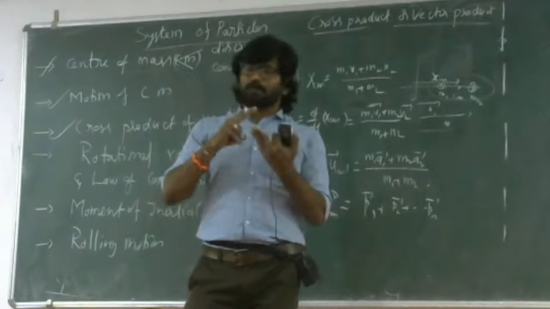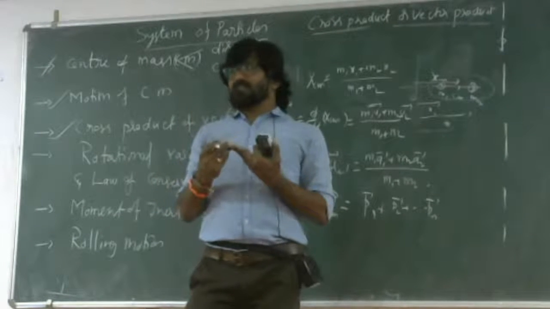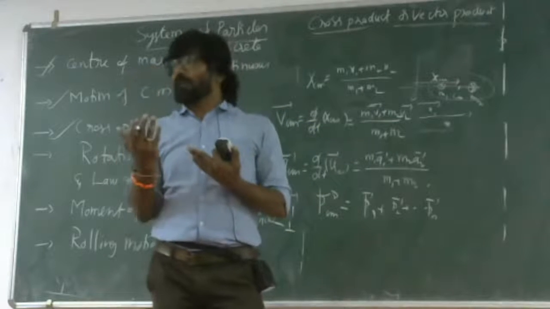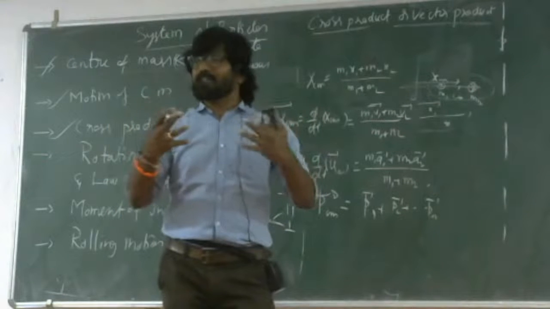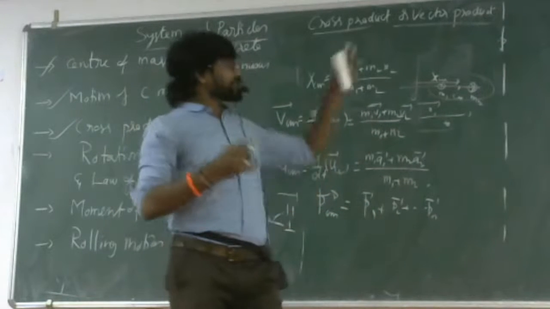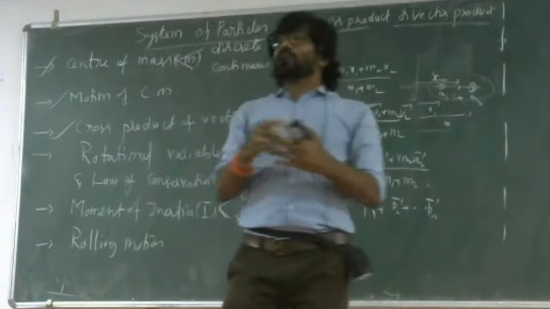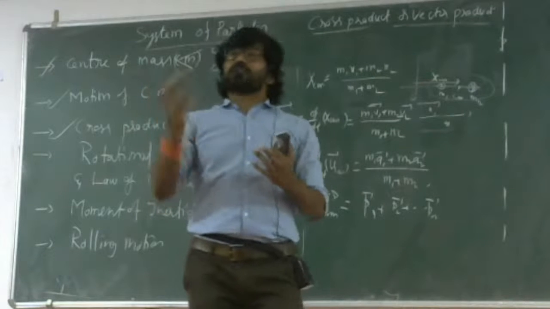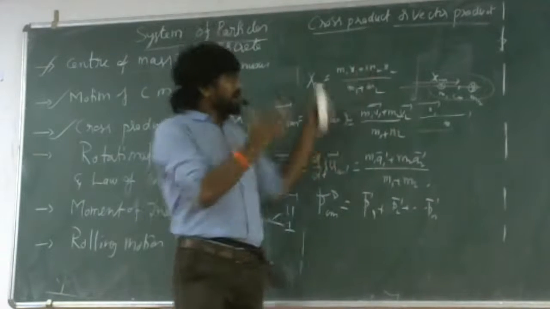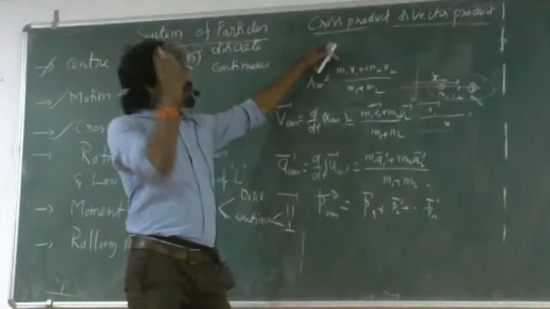Vectors can be multiplied in two different ways; the multiplication of vectors is classified into two types based on the resultant. If you multiply two vectors and the resultant is also a vector, we call such a product a vector product or cross product. If the multiplication of two vectors results in a scalar, we call such a product a dot product or scalar product. Especially in case of rotational motion, we will be dealing with the cross product of vectors.